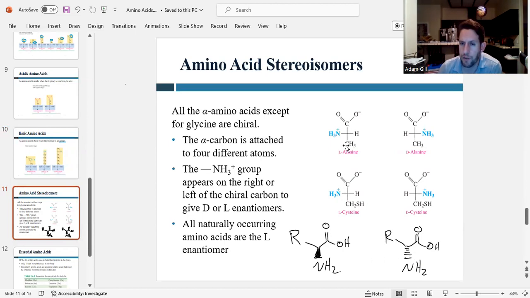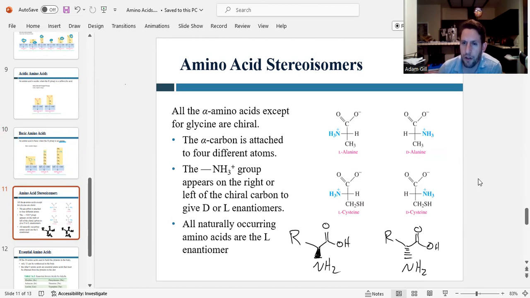Here we've shown it drawn as Fischer projections. And so as a Fischer projection, you can describe it as L versus D if you're looking at the amine group here. And so L amino acids would have the amine on the left side. D amino acids would have the amine on the right side.